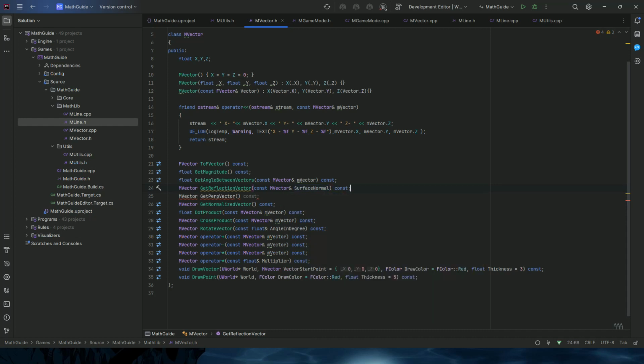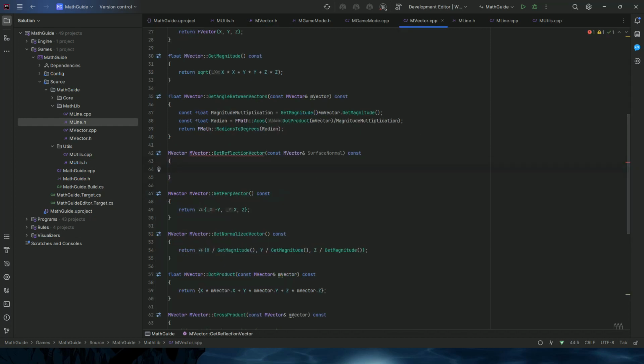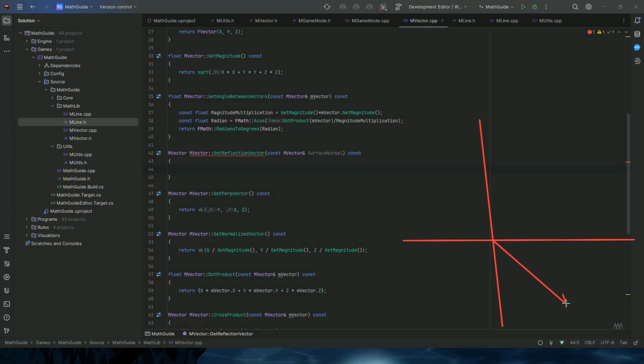It will be a const because we are not changing any class parameter or class member variable. Generate definition. First we need to get the opposite vector, like when we were drawing. The vector was this, but we have to get the opposite vector, so we'll just multiply it with -1. This will give you the opposite vector.